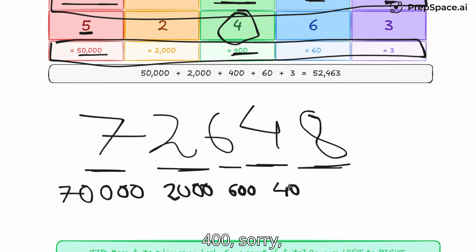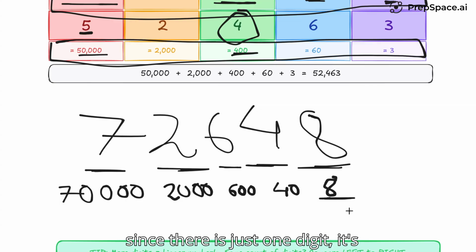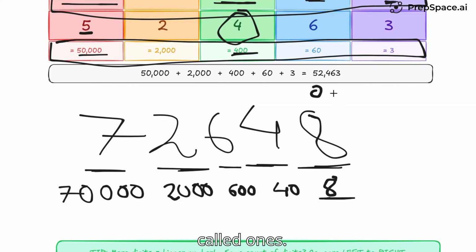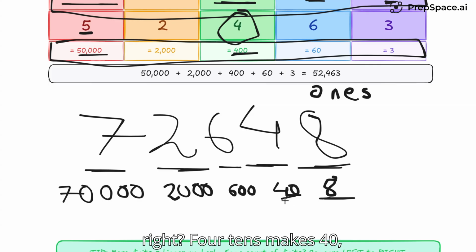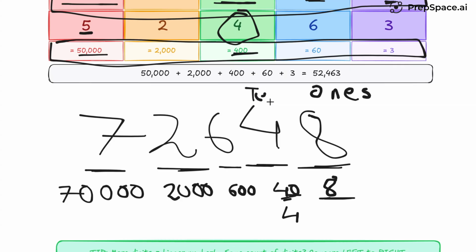This is 40. Sorry, my bad. This is 8, and since there is just one digit, it's called ones. Here we have 40. That's tens, right? 4 tens makes 40. So that's the tens place.